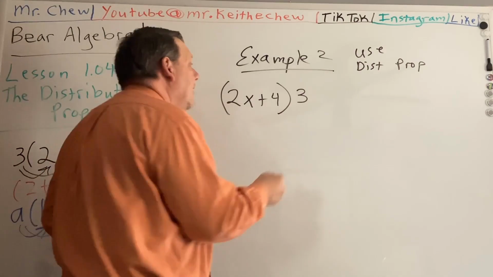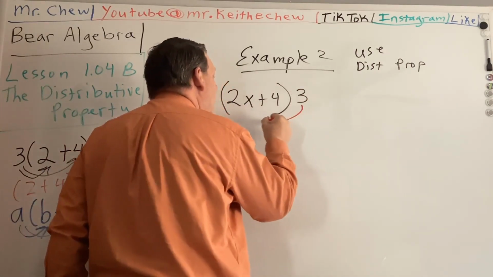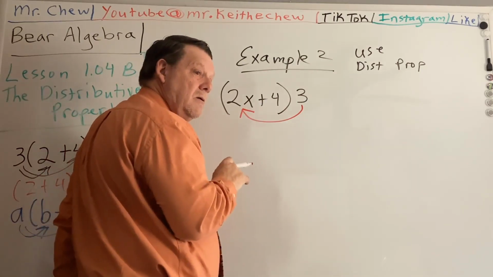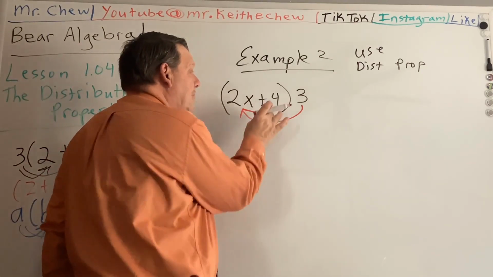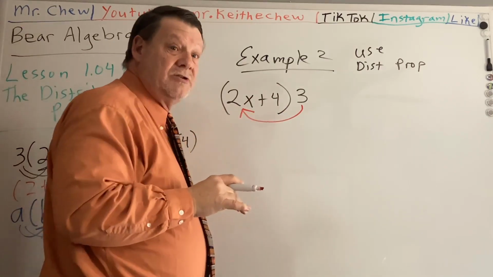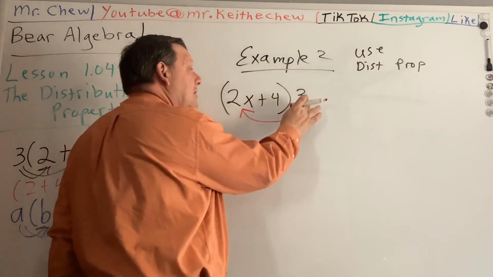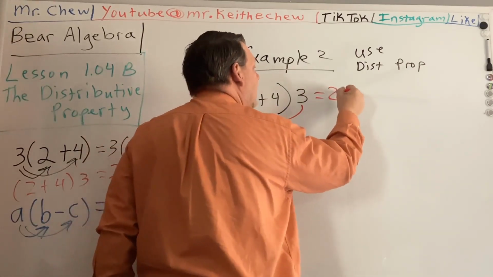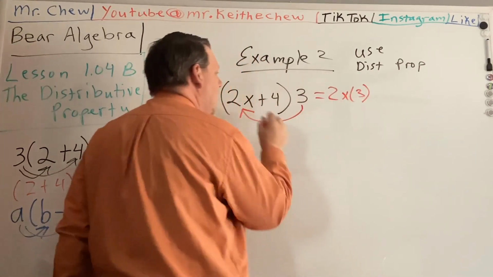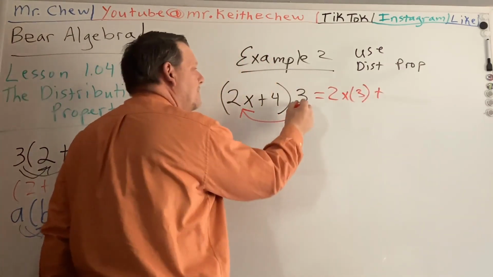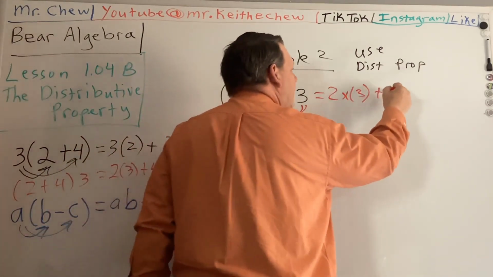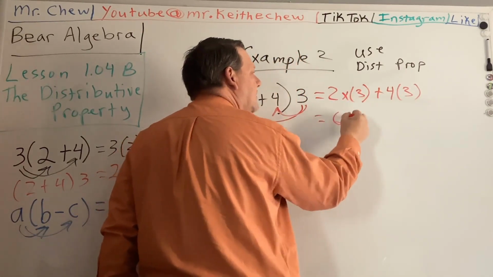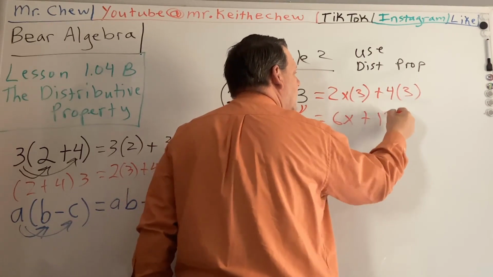You're going to take the number and multiply it by the first term inside the parentheses, and then we'll add it because of the addition sign inside the parentheses, the number times the second term. So I have my 2x times 3. I use my plus sign. My 4 times 3. 3 times 2x is 6x. 4 times 3 is 12.